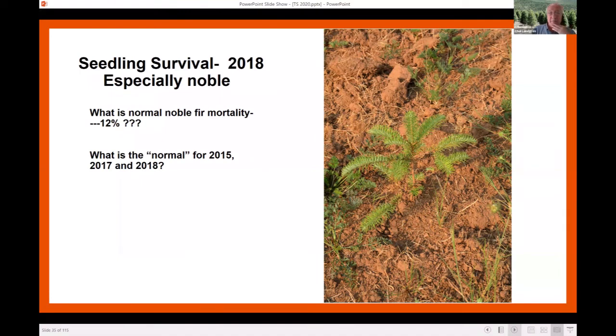Looking at our test plots over the last 20 or 30 years, normal mortality for noble fir is somewhere around 10 to 12%. But in 2015, 17, and 18, with these dry, hot summers, mortality could range from entire failures to anywhere in between. On our farm, we were probably losing about 50% of what we planted in those years.